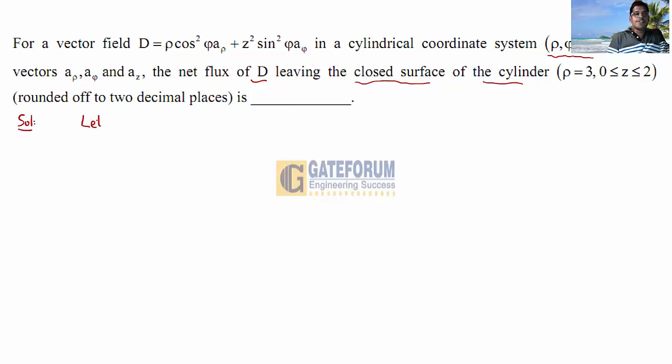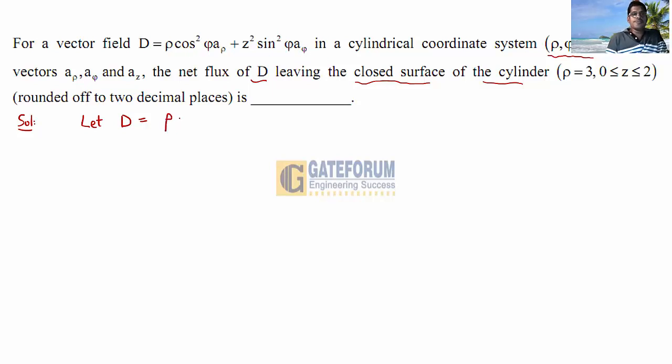Let the given D vector in the cylindrical coordinate system, usually the vector is written with the a rho component multiplied by D rho, the a phi component D phi, and the a z component D z, which is absent here, so I can write 0.